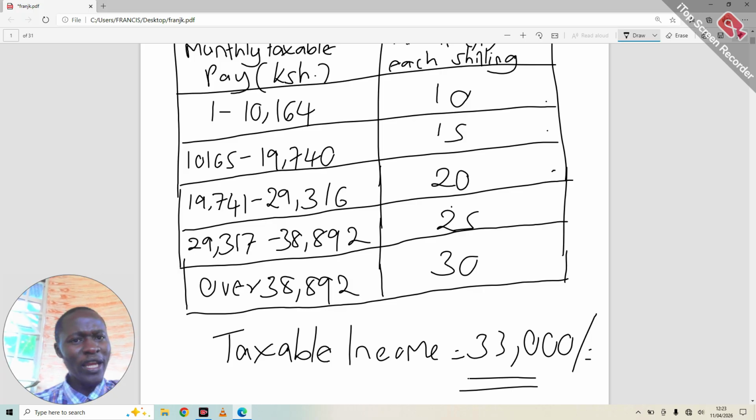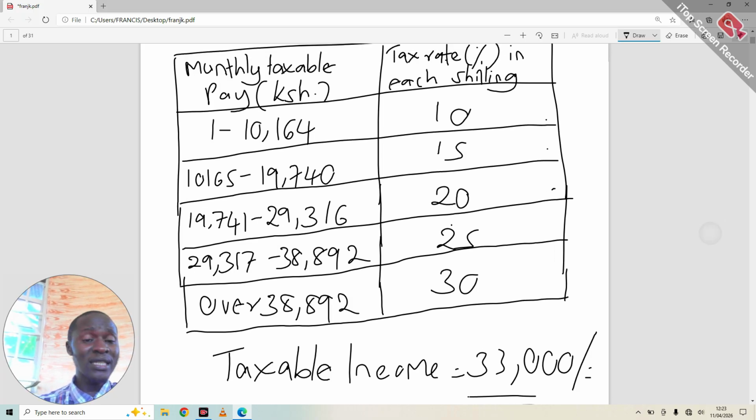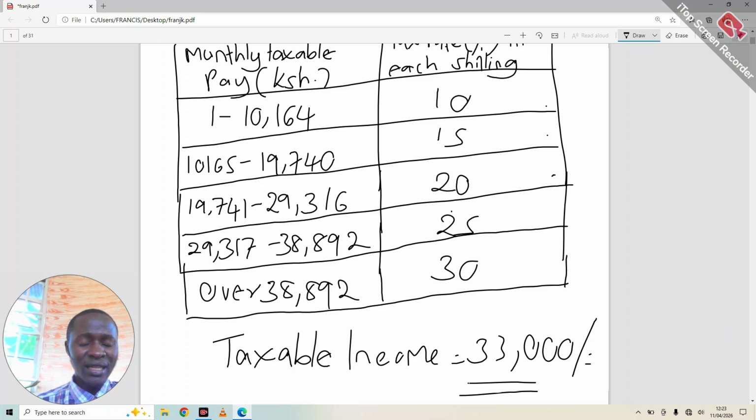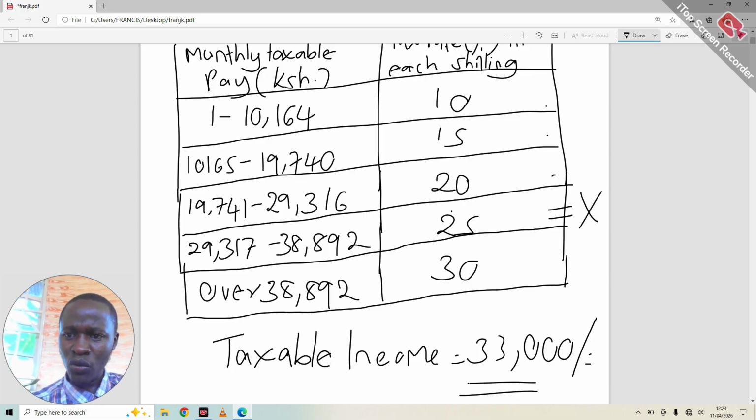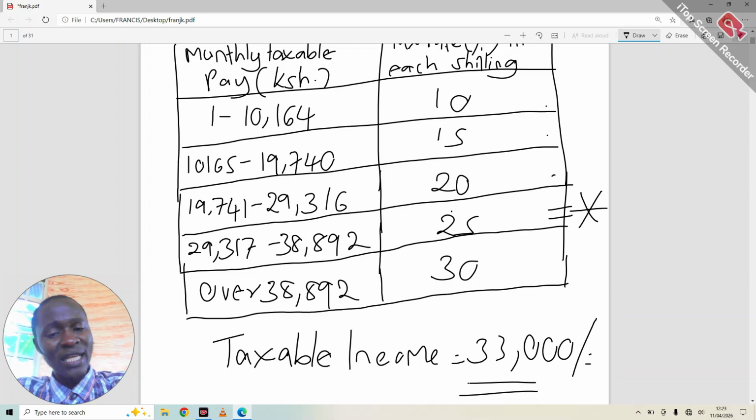If I look at the monthly taxable pay, I realize that 33,000 is falling between 29,317 up to 38,892. I'll make sure to put a stop there so that I don't surpass that band, because the moment I surpass that band, I'll be overtaxing Kantai, and that will be wrong.